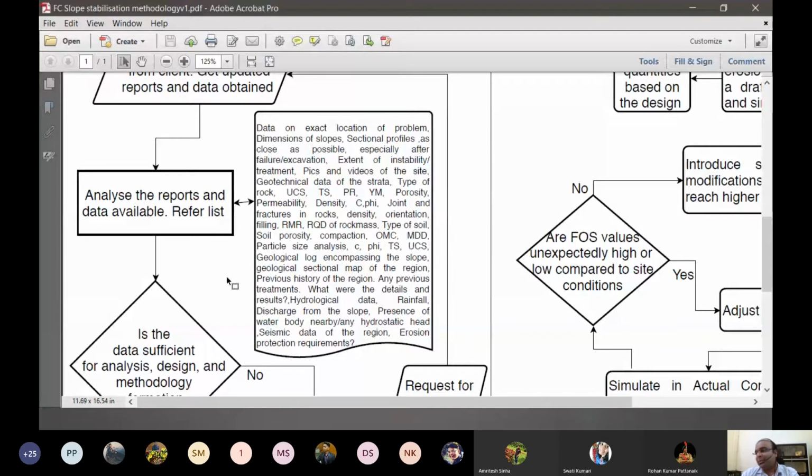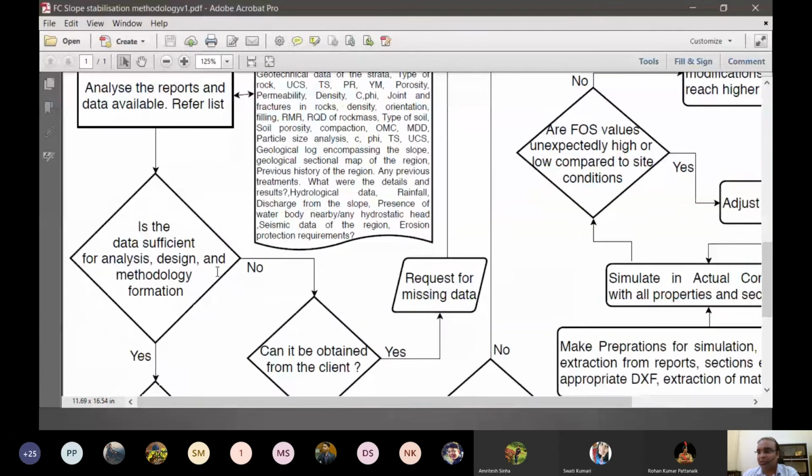They may have a very basic idea of what things are, but especially when the situation is slope stabilization or a ground improvement problem, they don't have too much of the data that we actually need to fully understand the situation. But it's our job to ask, because we can't assume everything.